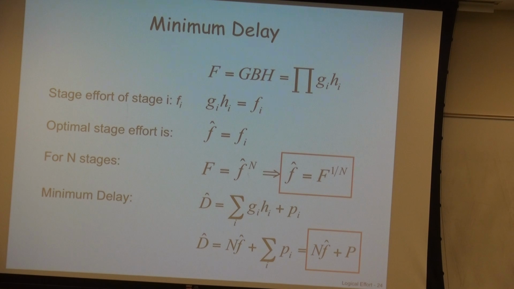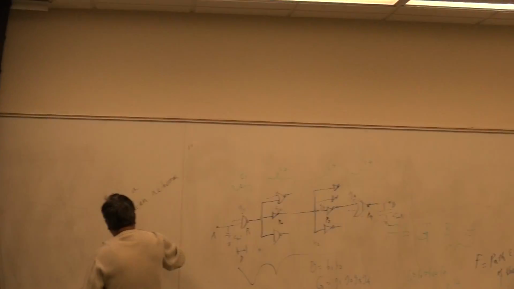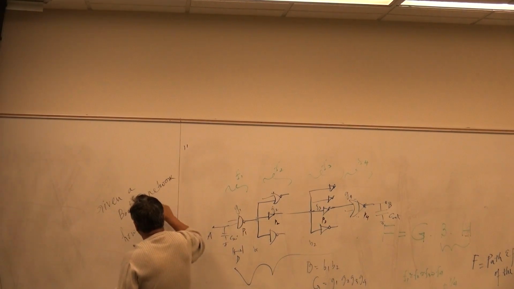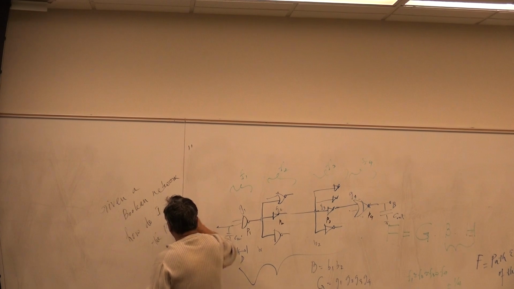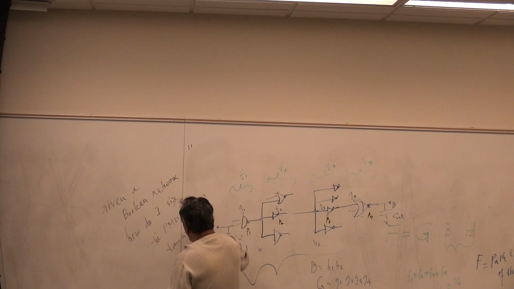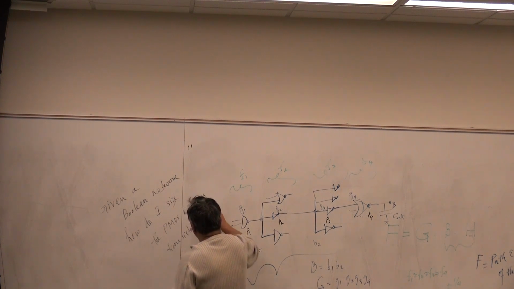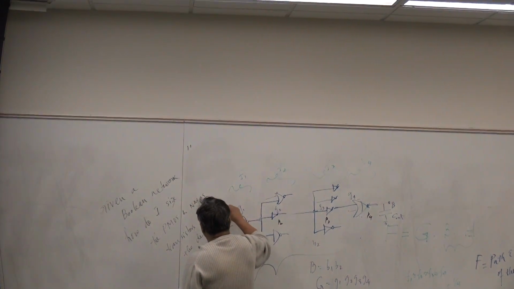Okay. So our goal is that, given a Boolean network, how do I size the PMOS and NMOS transistors such that the delay is minimum?